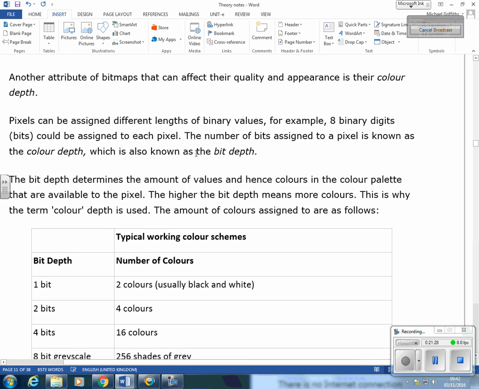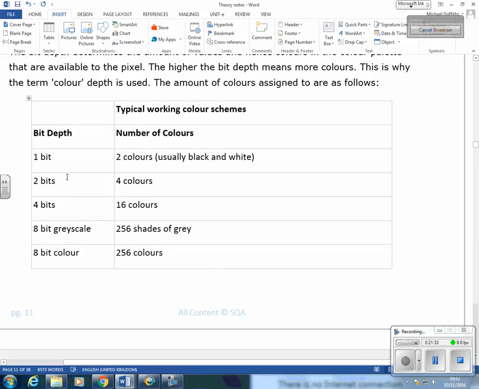Colour depth, and again we talked about this a wee second ago. I often go ahead of myself here. So, you've got 1 bit, we talked about, you can have 2 colours there, right? 2 bits, 4 colours, 4 bits, 16 colours. How did I work that out? Binary, have you done binary at all?